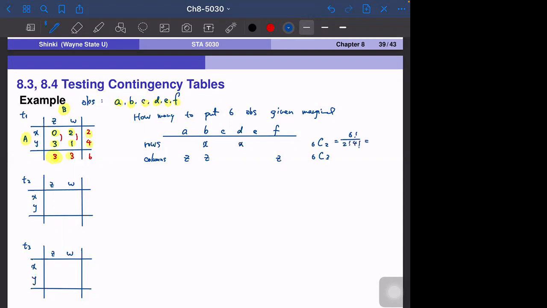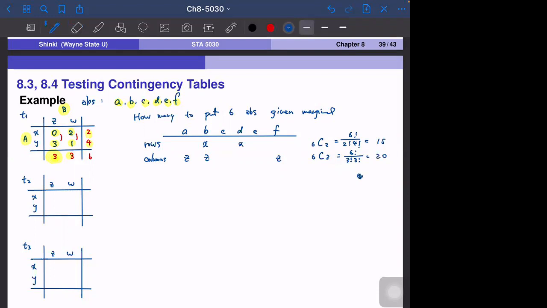And this is actually 15. And 6 choose 3 is 6 factorial divided by 3 factorial, 3 factorial. So this is 6 times 5 times 4, so 120, divided by 6, so that is 20.